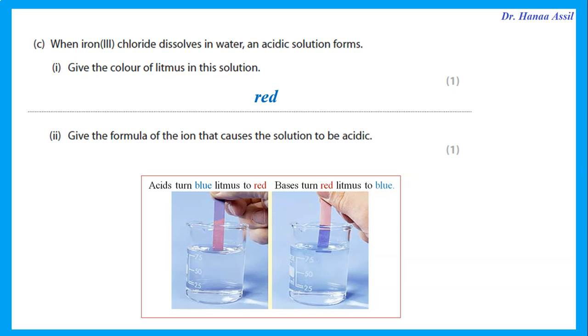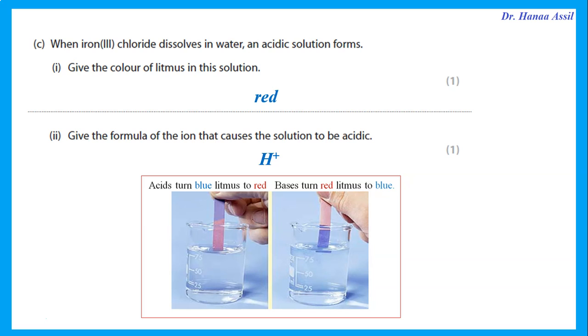So give the formula of the ion that causes the solution to be acidic. Remember, any acid must have what in solution? Definition of acid is proton donor. What do we mean by proton? H plus ion. So if we're required to give the formula of the ion in acid, H plus.